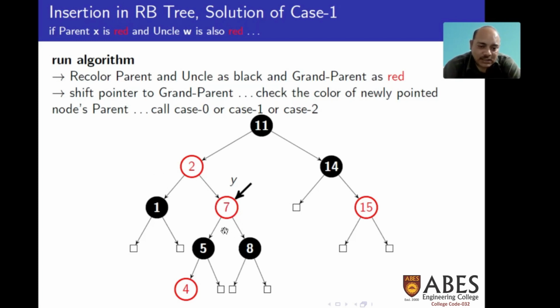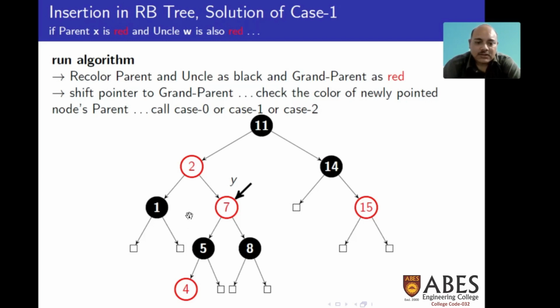In our case, 7 is on the right hand side of 2, so we will perform left rotation. Step by step: first we put the pointer on 2, that means on the parent, and then we rotate the parent, node 2, with respect to 7, a left rotation.